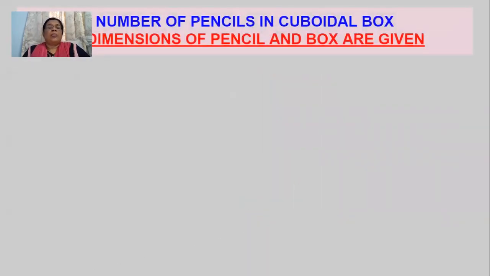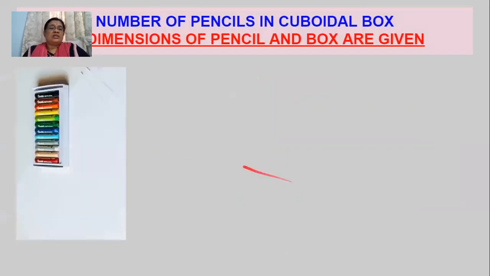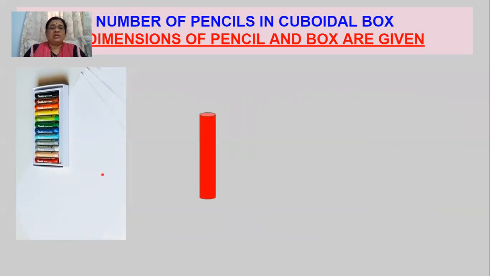See here, this is a pencil box, a crayons box. You all love these pencils, which are very colorful. See how they are. In this pencil box, there are some pencils. When you closely observe the pencil, what will be the shape of the pencil? Yes, the shape of the pencil is a cylinder.